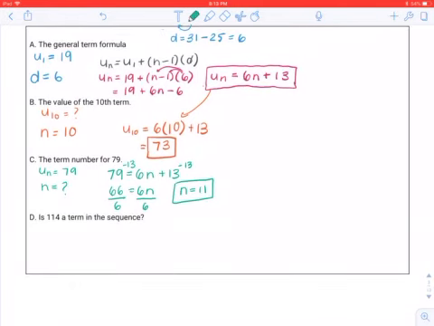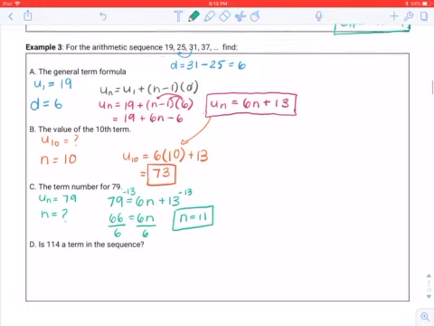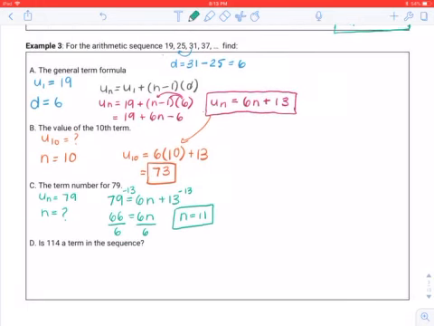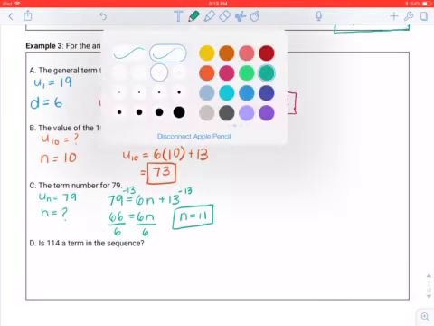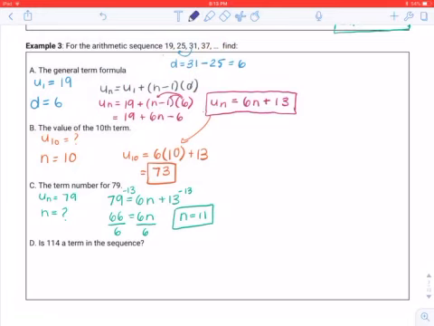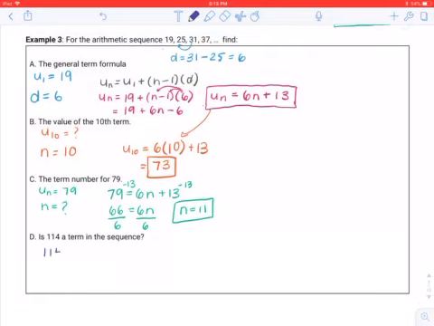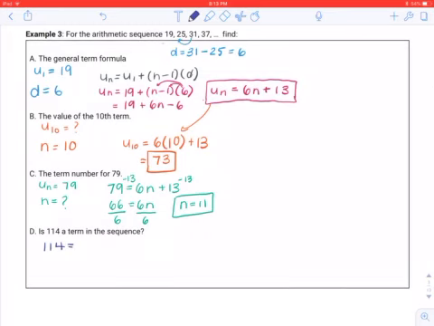The last question is asking us, if we kept expanding this sequence out, would I eventually get to 114? So let's take a look at that. In order to solve this, what we need to do is set 114 for un, and then solve for n. So I know the value of my term is supposed to be 114. If I solve for n there, what do I end up with?